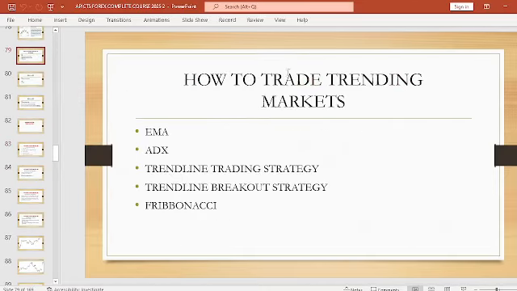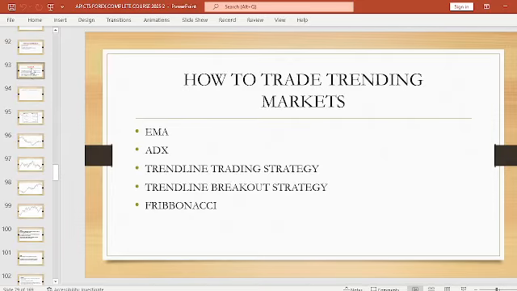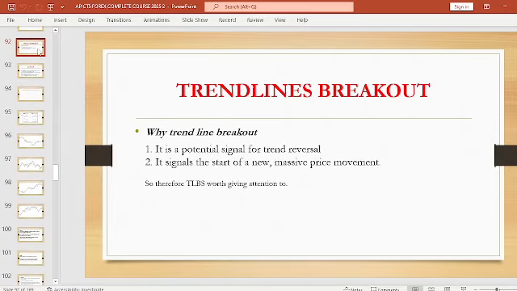We've spoken about EMA. We've spoken about ADX. We're talking about the trendline trading strategy. Then this time around, we're talking about the trendline breakout strategy, and we already did a study on that and a live training on that. So I'm trying to take a little step further.